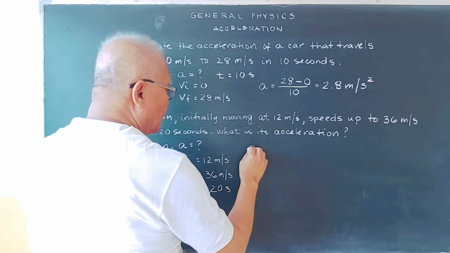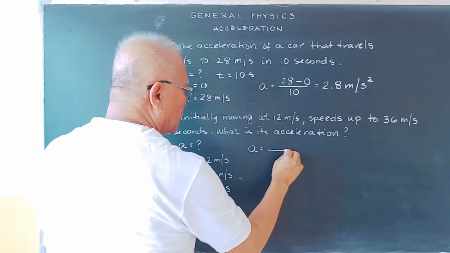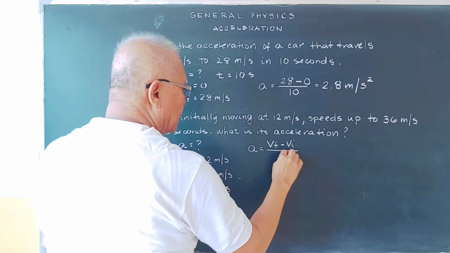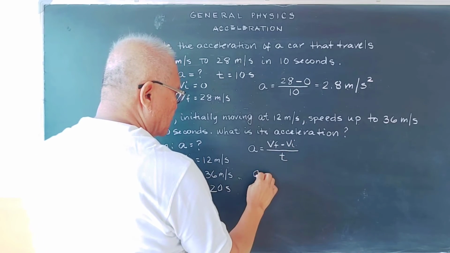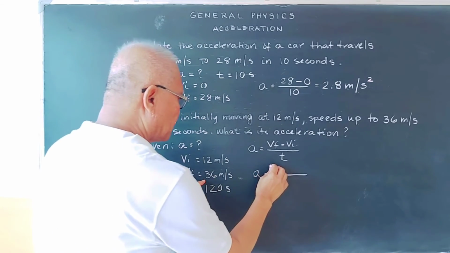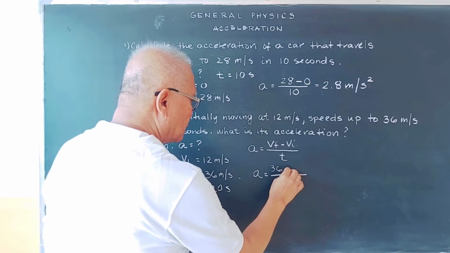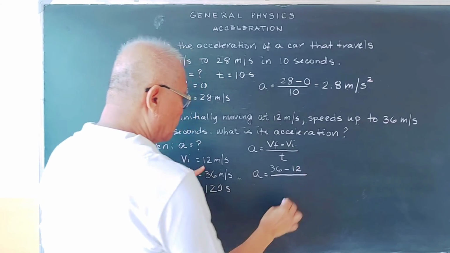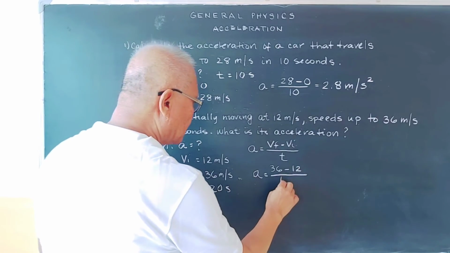So we have our formula, acceleration is equal to VF minus VI over time. So here, VF is 36 minus 12 over time of 120 seconds.